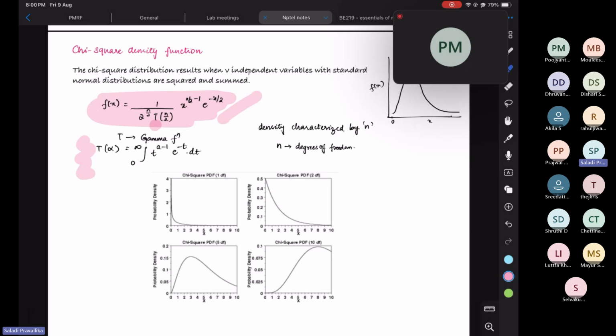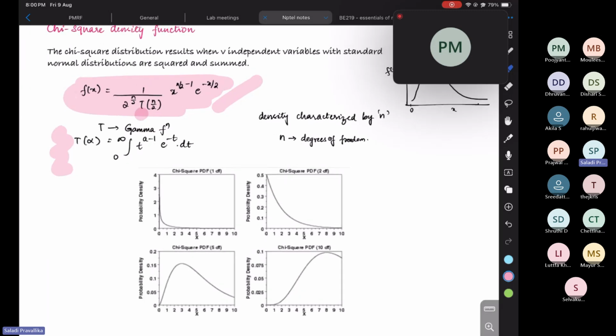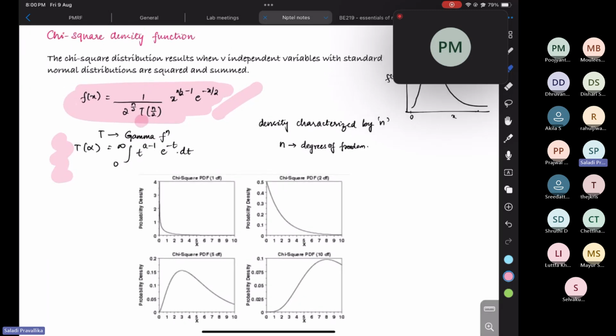Here, 1 degree of freedom means I'm taking one independent variable with a standard normal distribution. Two degrees of freedom means I'm taking two independent variables, each with its own standard normal distribution. I will square them and sum them up.